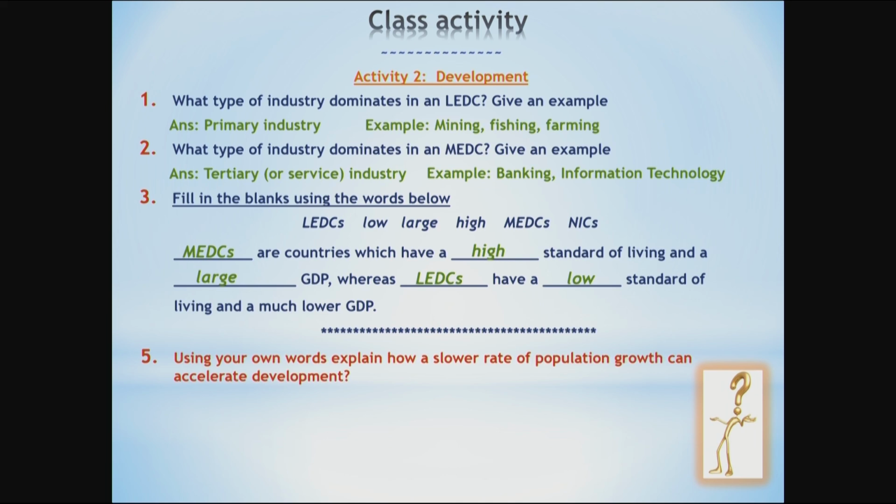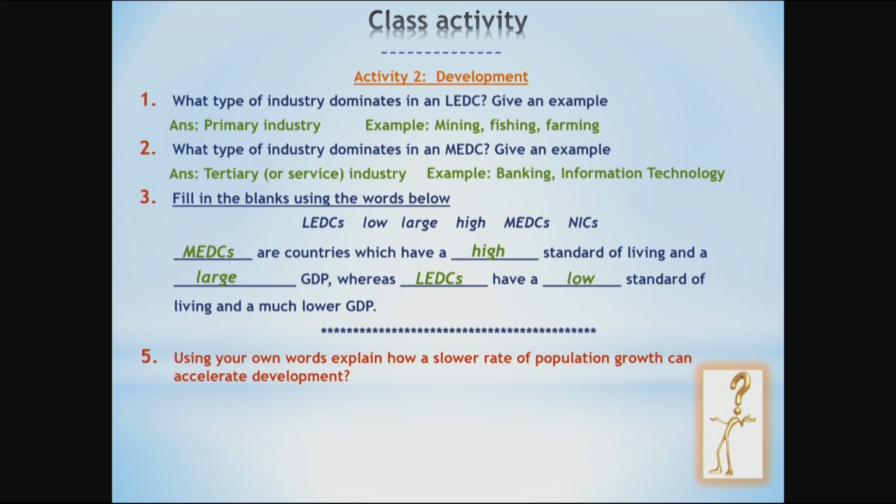Now for the next lesson, you can start thinking about this: using your own words, explain how a slower rate of population growth can accelerate development. We've seen this earlier. I'll give you a hint. We say a slower rate of population growth.